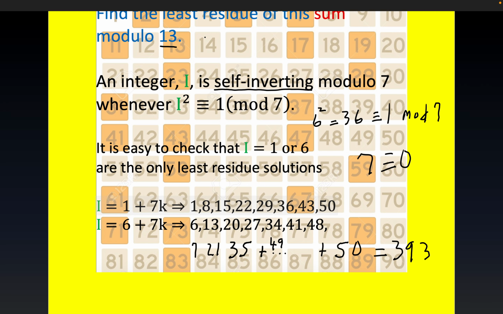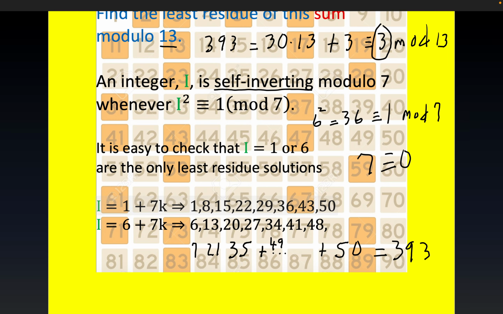So notice that 393 is equal to 30 times 13 plus 3. 30 times 13 is 390, which of course is congruent to 3 mod 13. So yeah, this is our answer, 3.